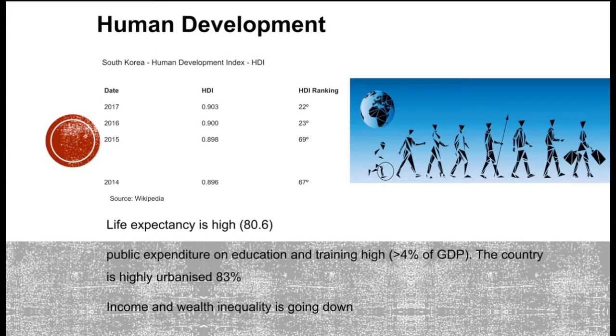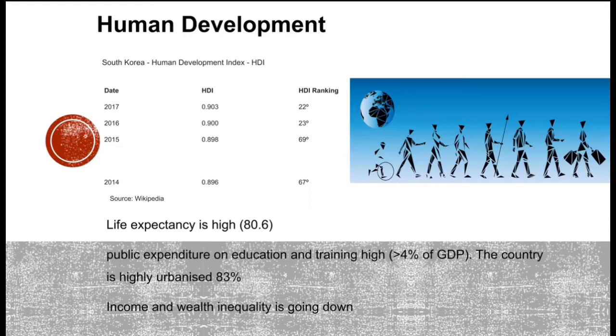As for human development, Korea ranked 22nd in 2017, and in 2018 it ranked 15th. As we can see on this table, it increased dramatically from 2014 to 2017.